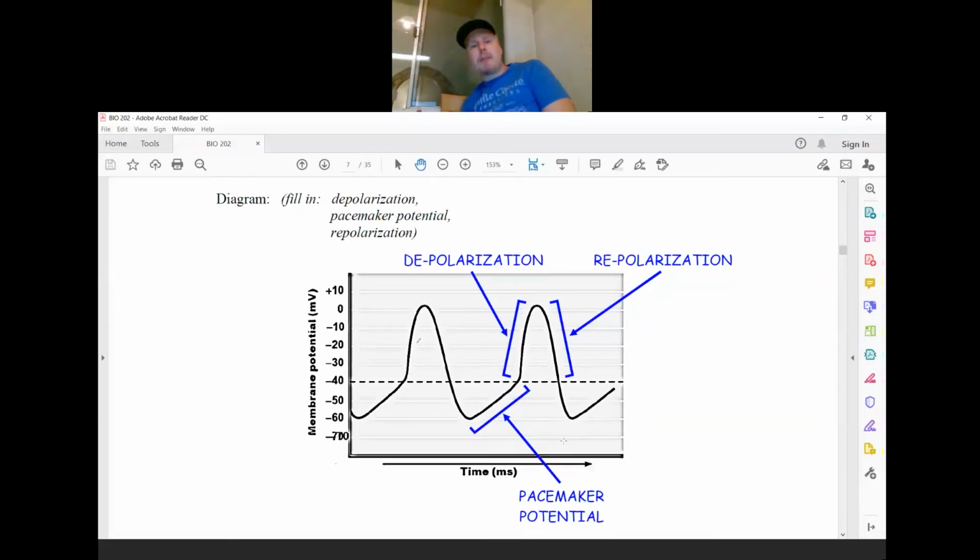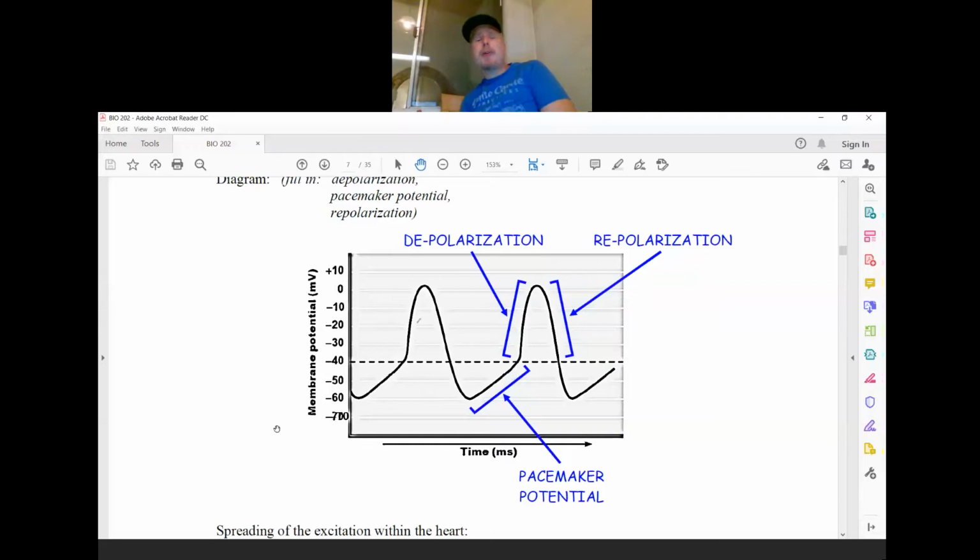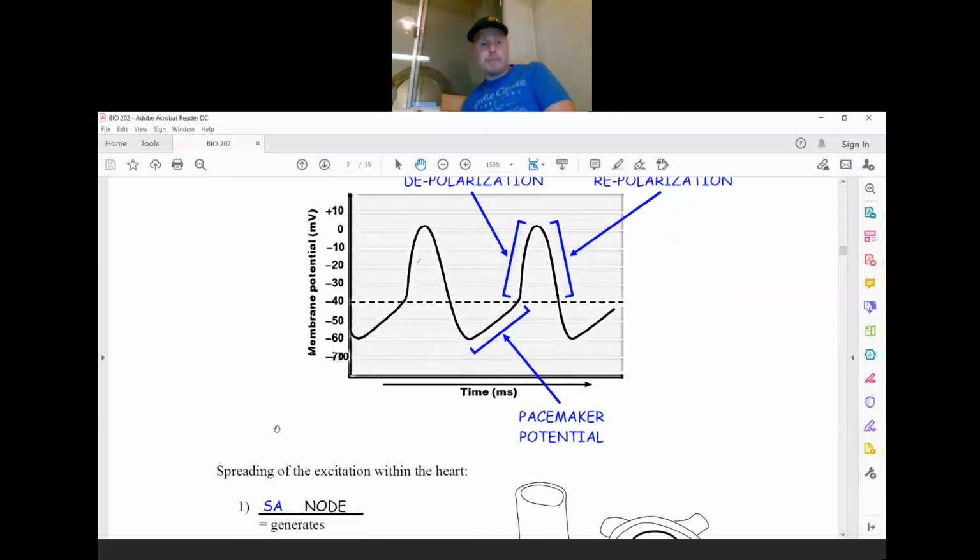So 3 steps that we want to know there, where our pacemaker potential is what we normally would see as a flat line, but in case of the heart, it's slightly increasing all the time. Quick, sharp upshoot, which is our depolarization, and quick, sharp downshoot, our repolarization. And if you were interested in what happens in each of these steps, I provided further details in our lecture video.